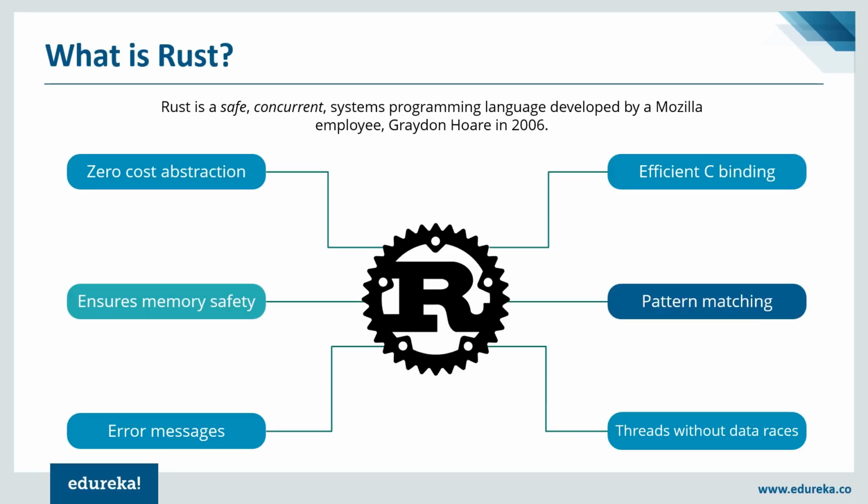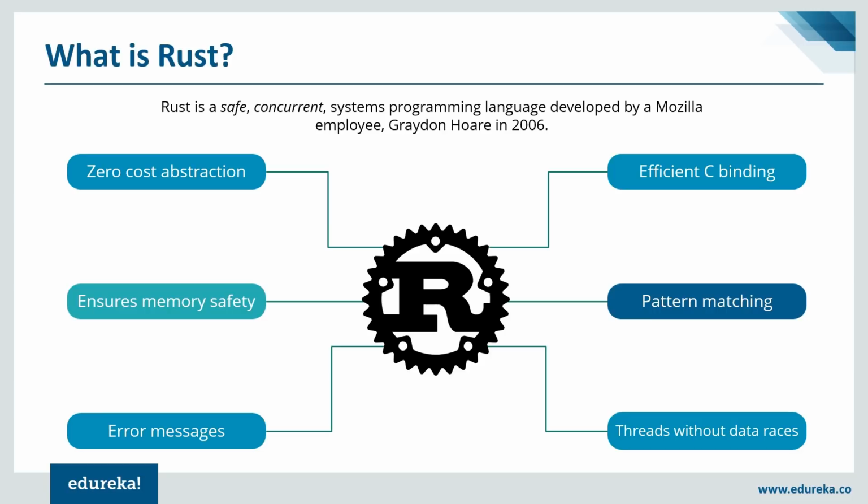Next feature is that it ensures memory safety. Rust guarantees memory safety by using the concept of ownership. Ownership is a middle ground between the memory control of C and the garbage collection of Java. Basically in Rust programs, memory space is owned by the variables and temporarily borrowed by other variables. This allows Rust to provide memory safety at compile time without relying on the garbage collector.